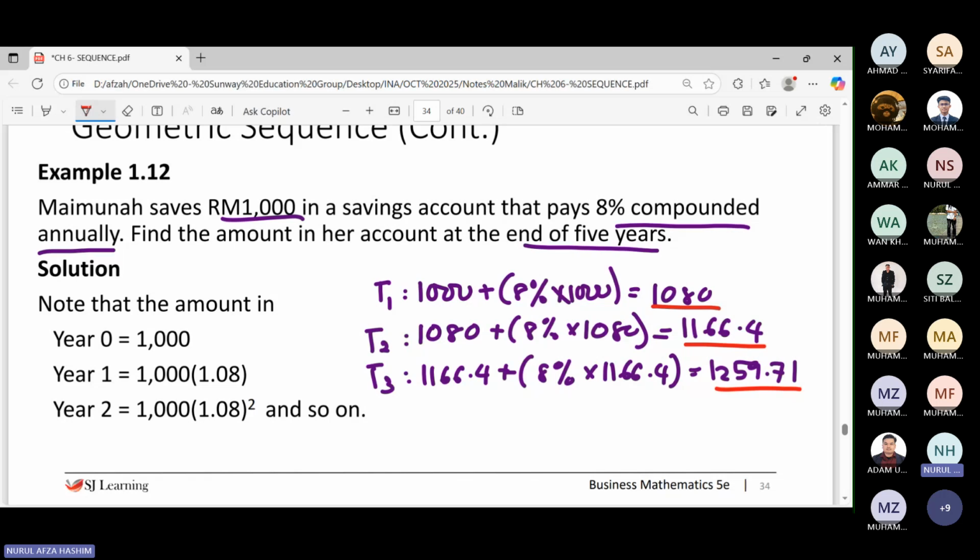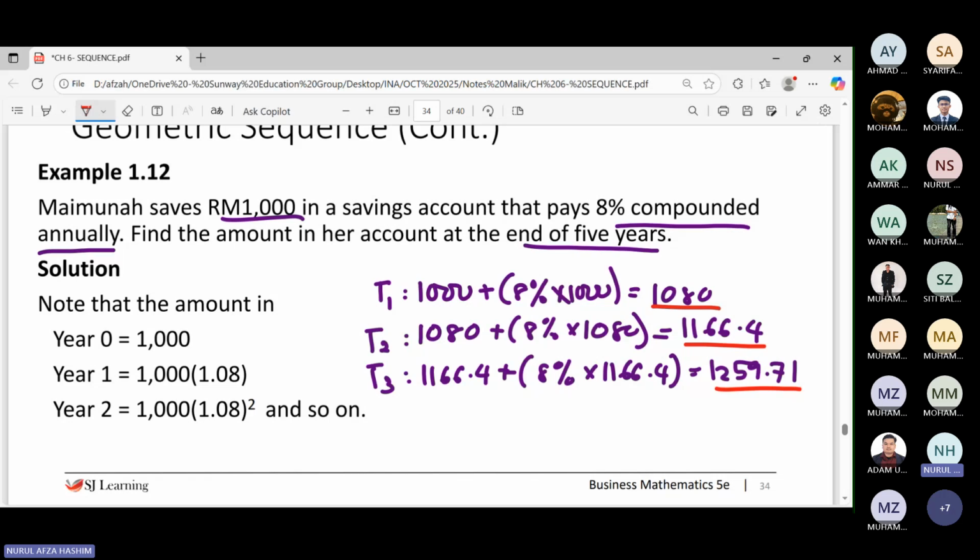Is it arithmetic or is it geometric? Arithmetic ke geometric? Geo, madam.